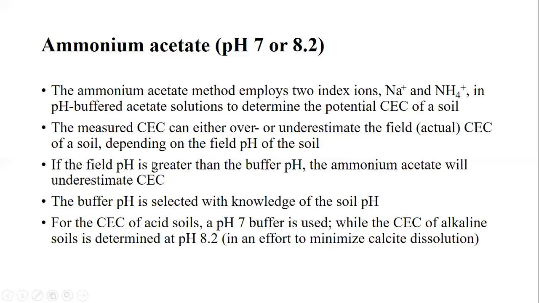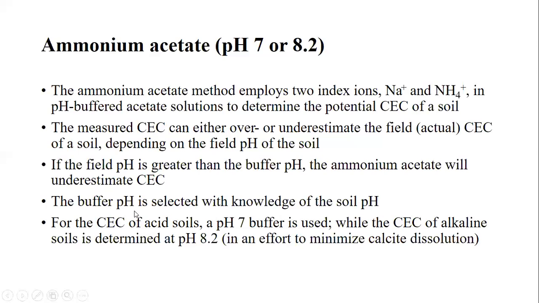If you remember, when we said if the pH goes higher, we have higher negative charges. Go back to when we talked about the sources of charges. The higher the pH, the more negative charges you have. If the pH of the buffer is lower, that means we don't have the real negative charges. We have less than what is supposed to be in the field. So that will end up underestimating CEC, giving us a value of CEC less than the real CEC of the soil in the field.